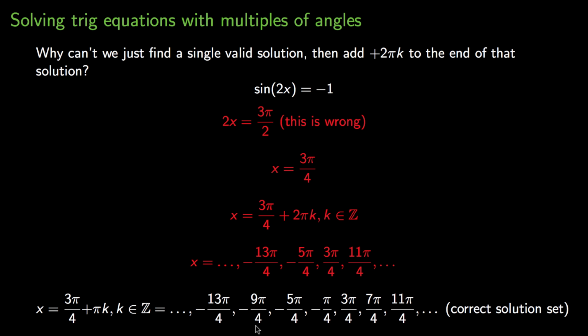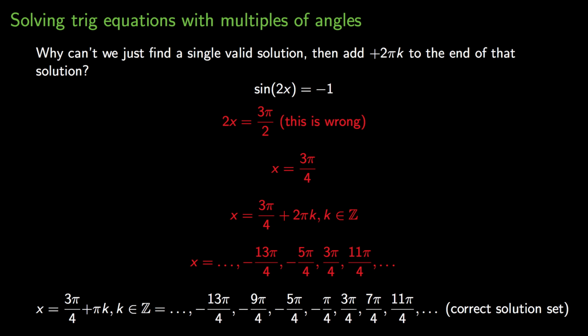It misses -9 pi over 4 and -pi over 4. And you can check for yourself. If you took this number and you plugged it into this equation and you simplified the left-hand side, you're going to find out that it's a valid solution. So if you have a technique that misses half of the solutions, there's no way that that's going to work.